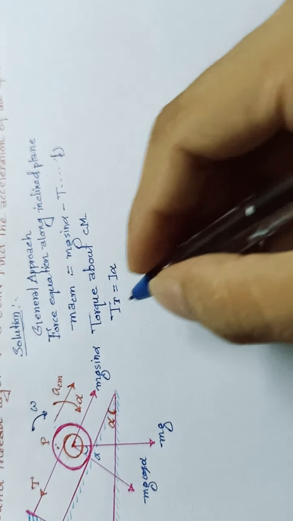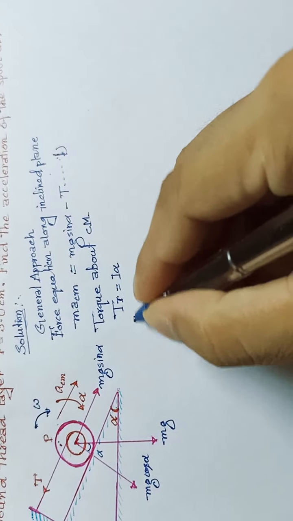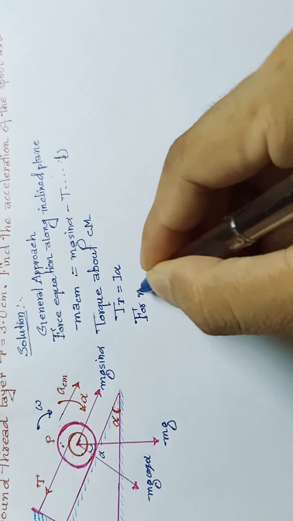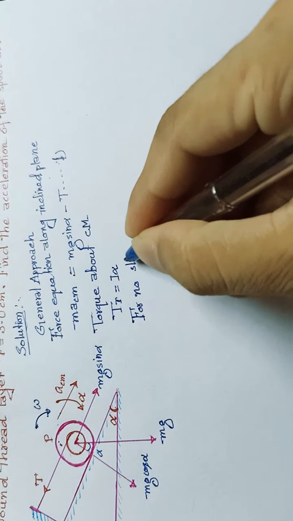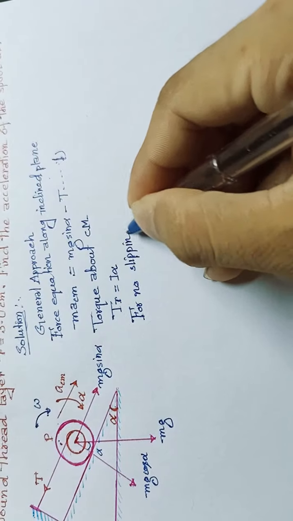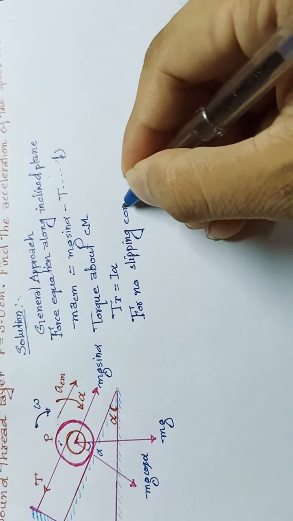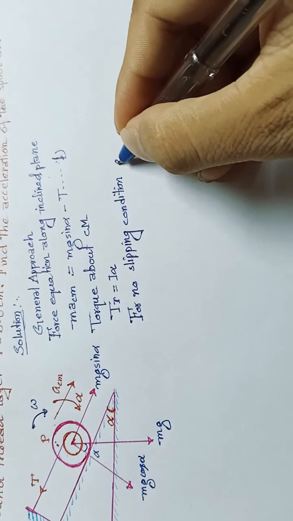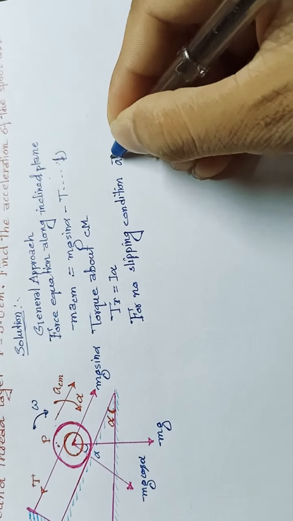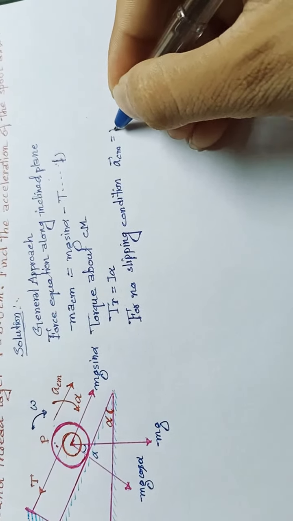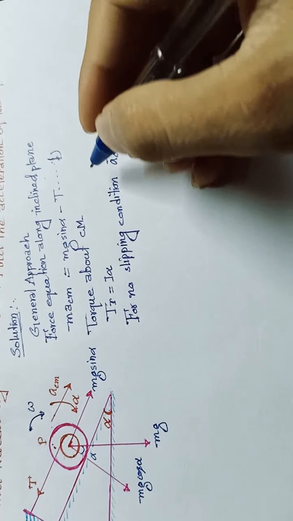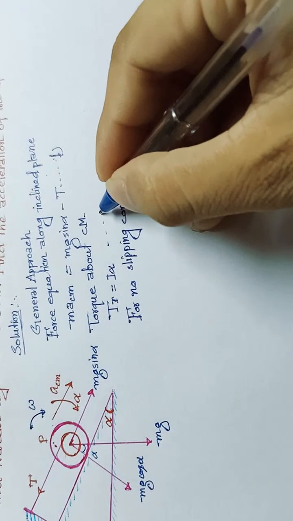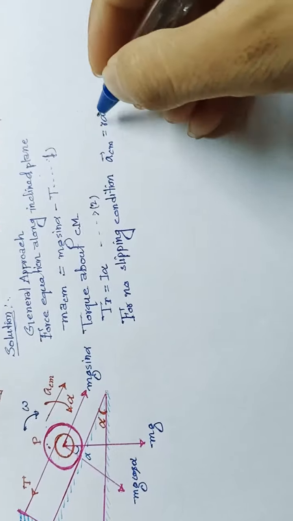For the no slipping condition, the acceleration of center of mass a_cm will be equal to R alpha. Let this be our equation number 2, and this be equation number 3.